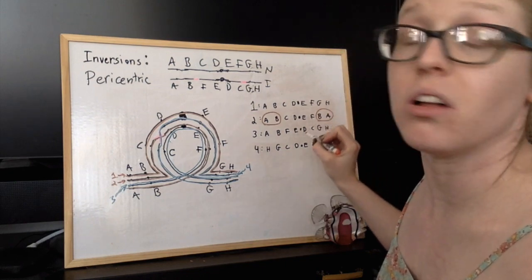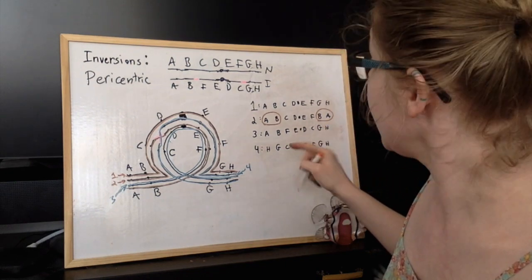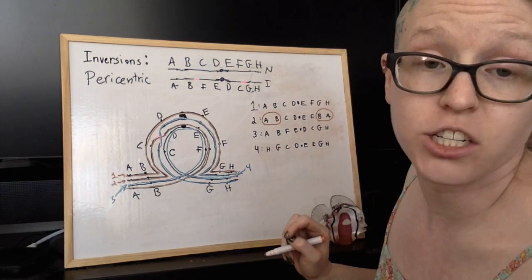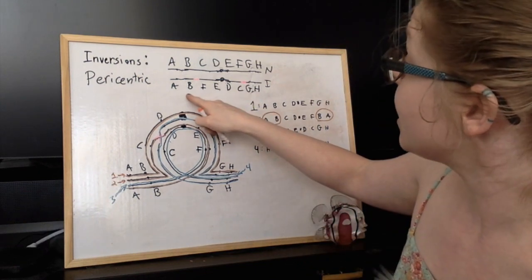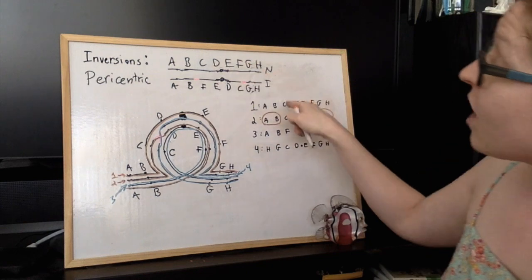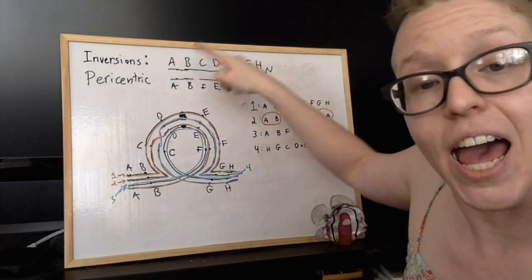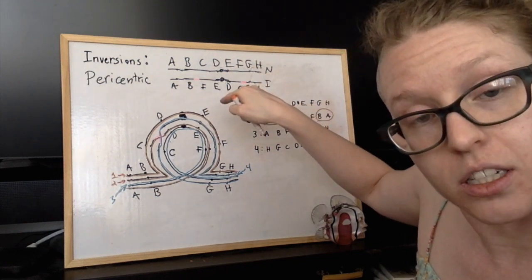We have double A and B, and we're missing H and G. This is because of what genes are on the ends outside of our inversion.